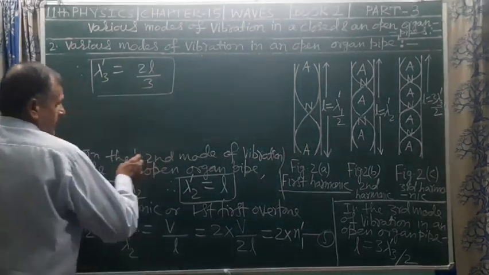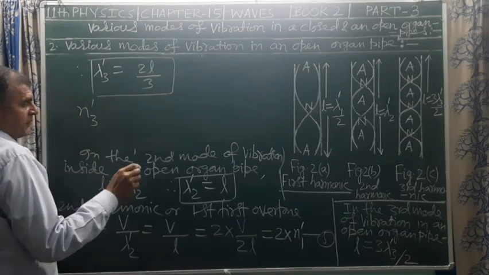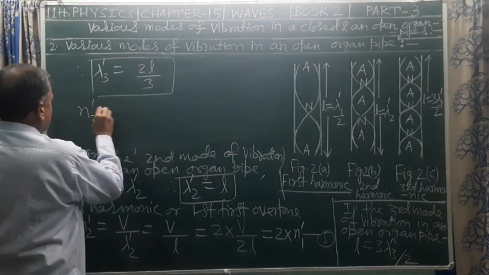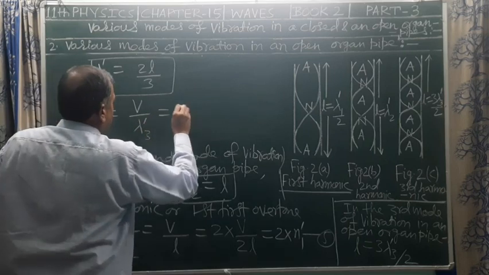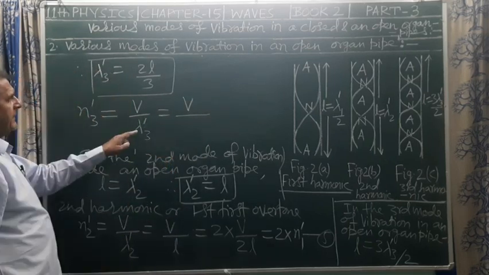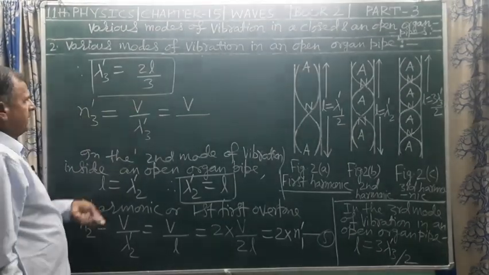So third harmonic N3 dash produced in an open organ pipe in the third mode of vibration is N3 dash equal to V upon lambda 3 dash, and lambda 3 dash is replaced by 2L upon 3, which we have already obtained.